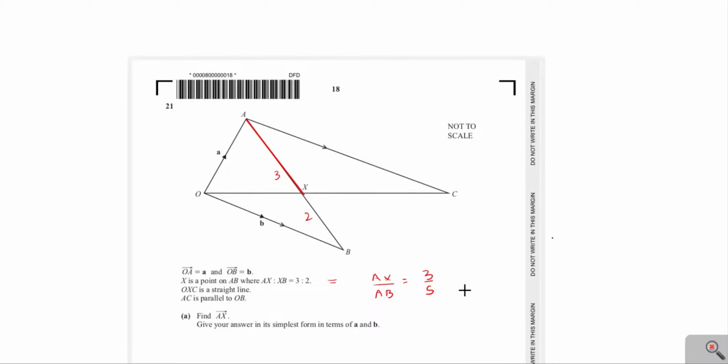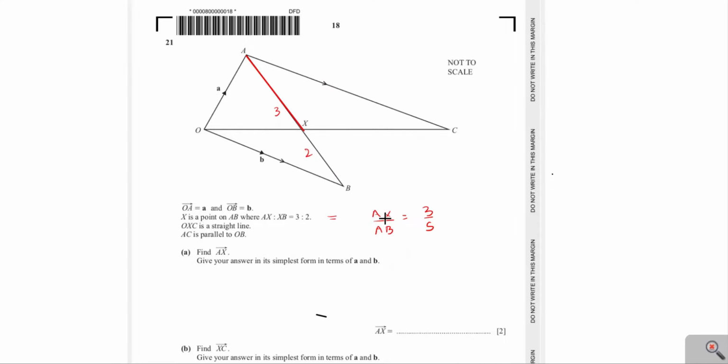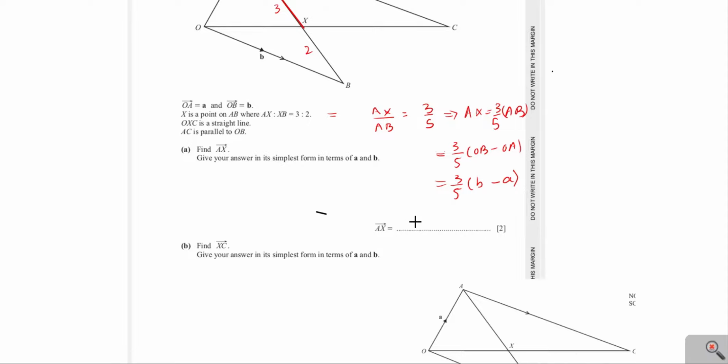AX will be equal to 3/5 into AB. And AB vector will be equal to OB minus OA. OB here is small b and OA is small a, and therefore AX equal to 3/5 b minus 3/5 a.